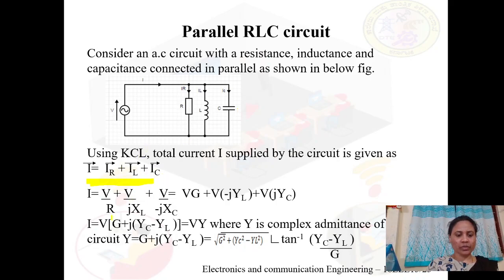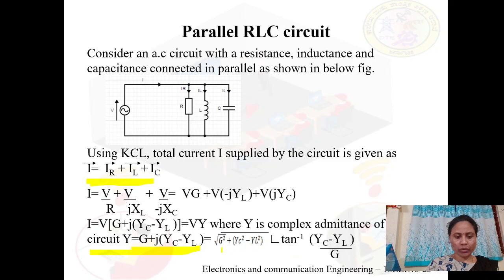So substituting the values for IR, IL and IC, we can write the expression for I as V into Y, which is V into G plus j of YC minus YL, where Y is called the complex admittance of the circuit. Or we can also write Y as magnitude of Y with an angle of tan inverse.